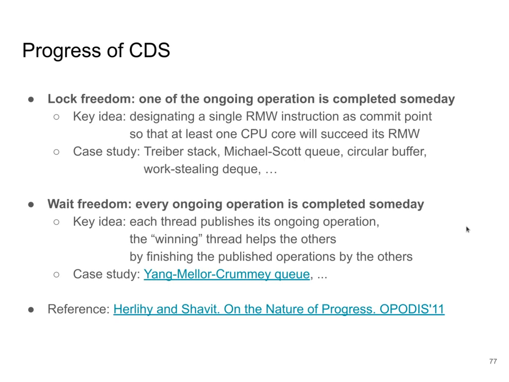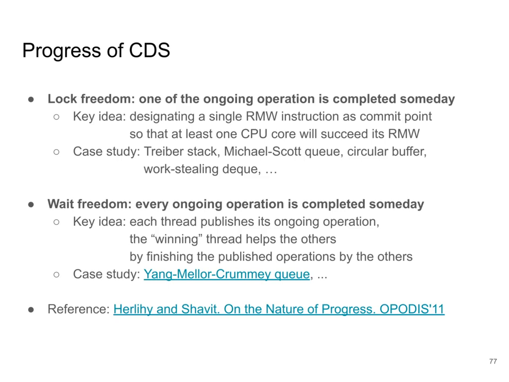And the last desired property of concurrent data structures is progress. The key idea for achieving lock freedom is designating a single RMW instruction as the commit point so that at least one CPU core will succeed in each RMW.